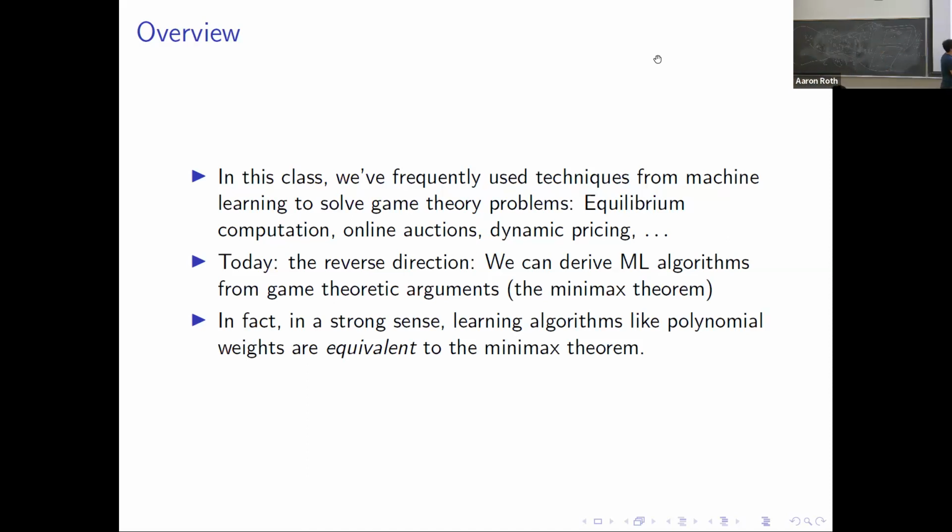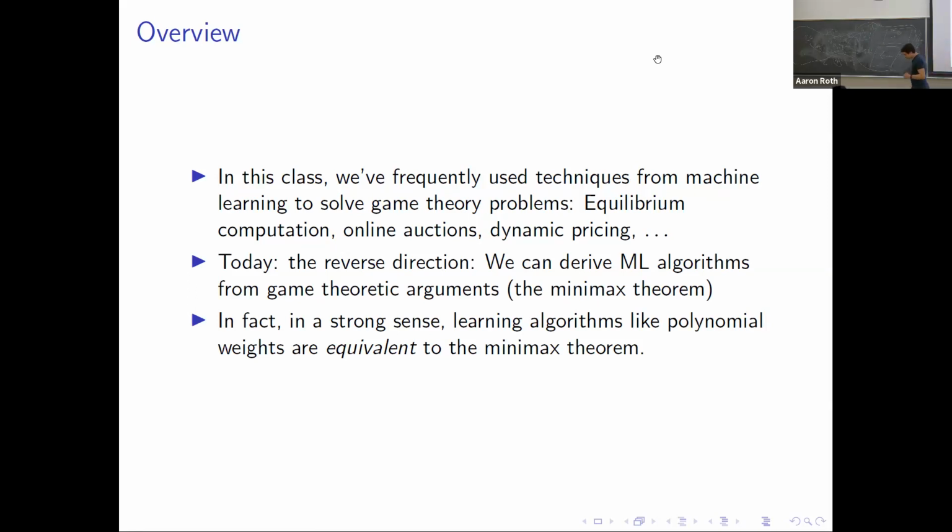One thing I could have done is given a lecture showing how to derive the polynomial weights algorithm from the minimax theorem. I'm not going to do that. Over the next two lectures, I'm going to derive two other learning algorithms from the minimax theorem. Today, we're going to think about how to get an algorithm that can make calibrated predictions, meaning predictions that behave like real probabilities, but when predicting events that are chosen by an adversary, for which there aren't real probabilities.